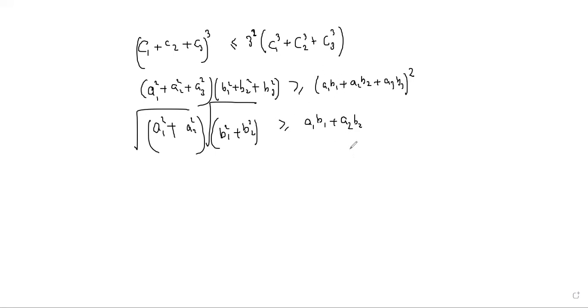So to see this geometrically, A1 comma A2 is going to be 1 point. So we are going to represent A1 comma A2 as a point.